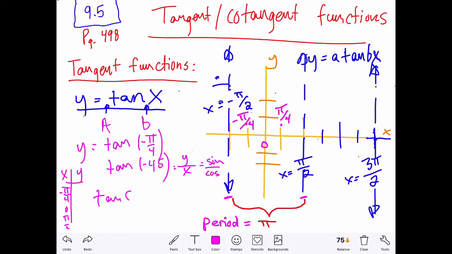So the tangent of a negative 45, well, that would be on the unit circle, let's say, negative root 2 over 2 over root 2 over 2.